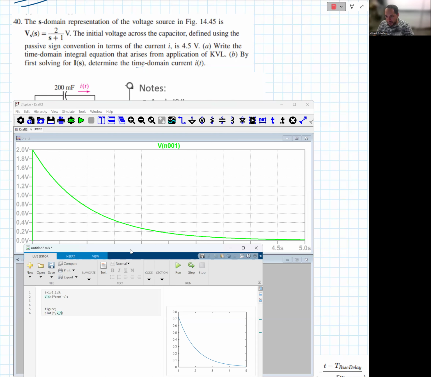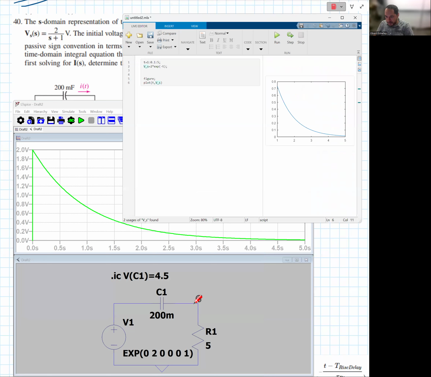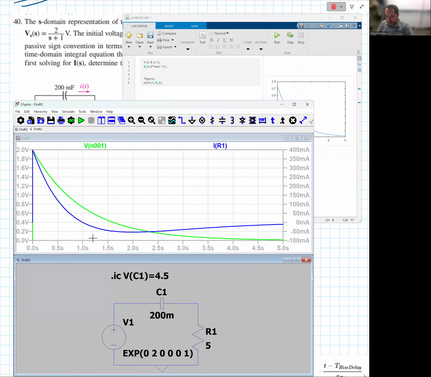What about our output? Our output, we're measuring the current. So let's measure this current. It looks like this. Let's check it in MATLAB.